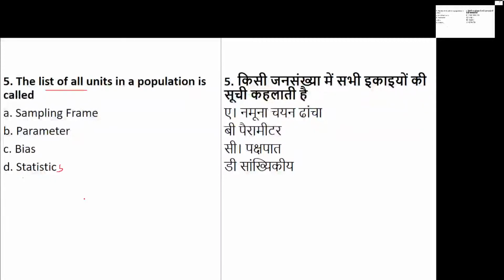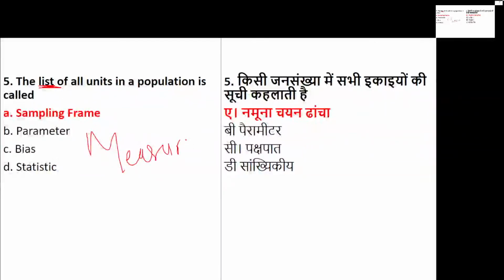Waiting for everyone to answer. The list of all the units in the population will be called what? Please remember, everyone, yesterday we took this question. Here they are asking about the list, not the measurement. If it is a population measurement, it will be called a parameter.